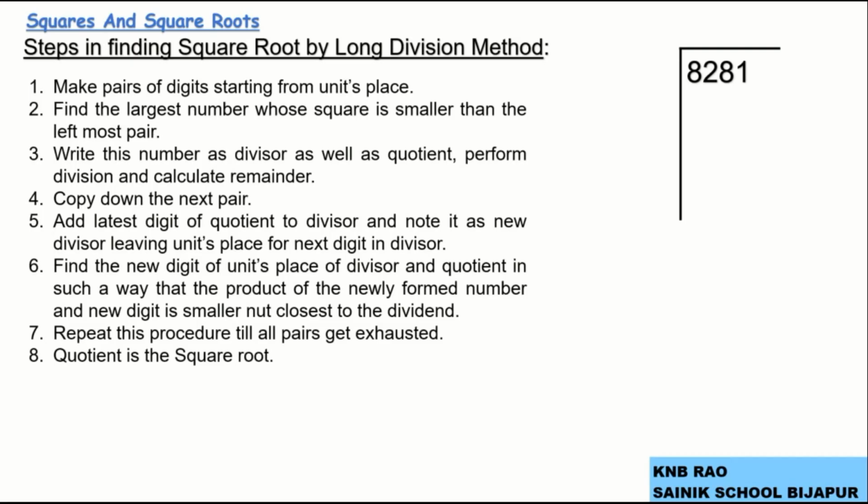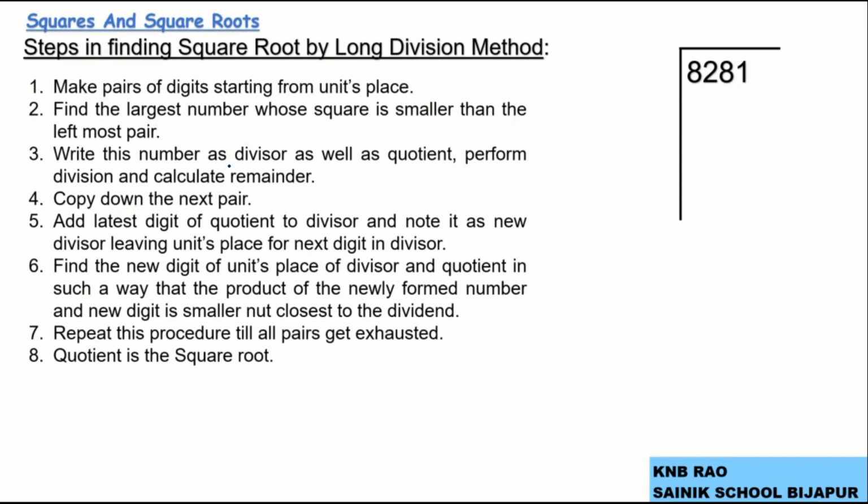Students, in our previous session, I explained you finding square root of a number by long division method for the number 8281, and I gave you these 5 rules.